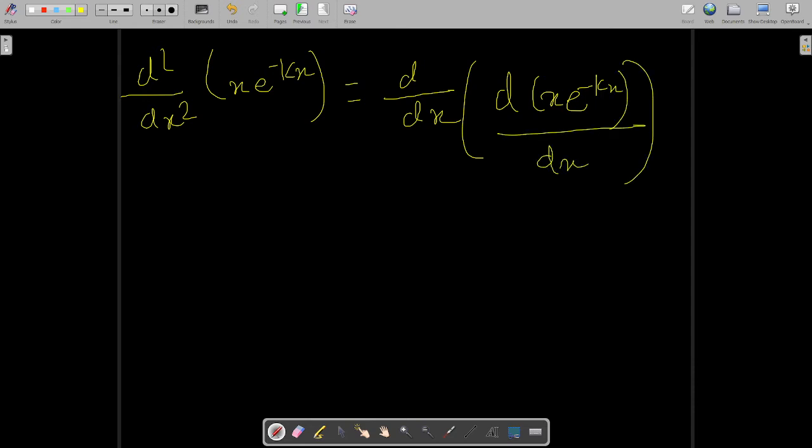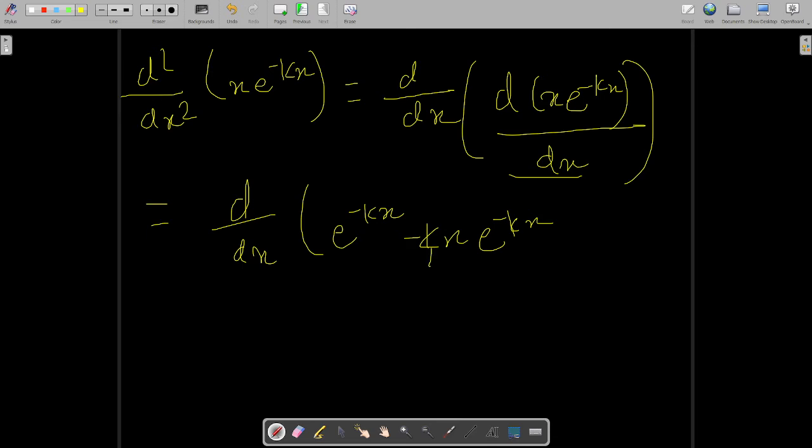Got it? This term we have already found out, so that term will be substituted here. After the substitution of that term, we get e to the power minus kx minus kx e to the power minus kx, right? Got it?